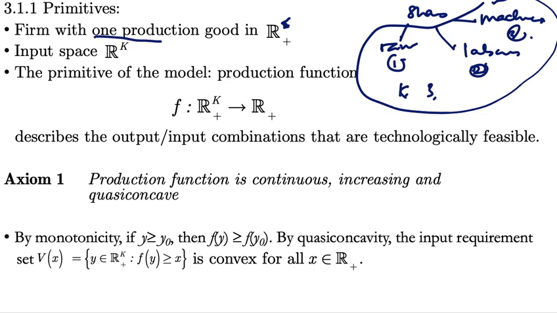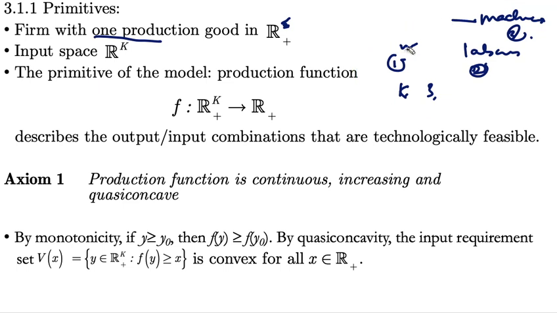So if we try to put it in the form of a formal mathematical notation here, let me erase this first so that it won't be a mess. Then the production function is this. A positive number of inputs, which is K, and the quantity of each of the inputs is also positive.